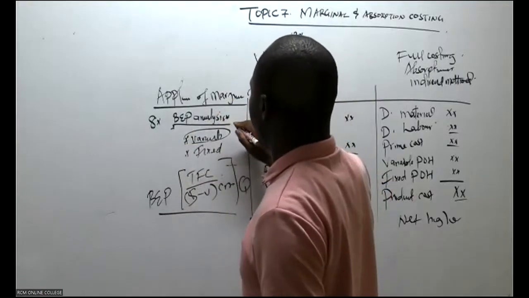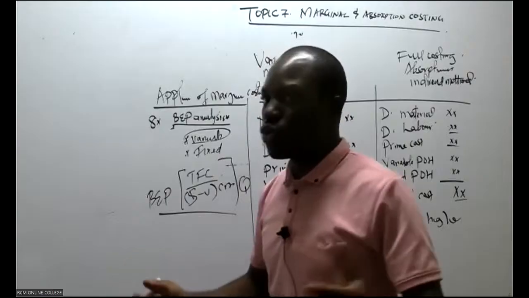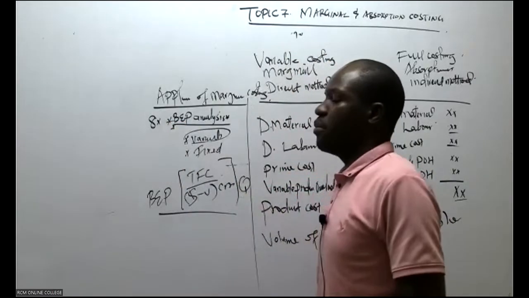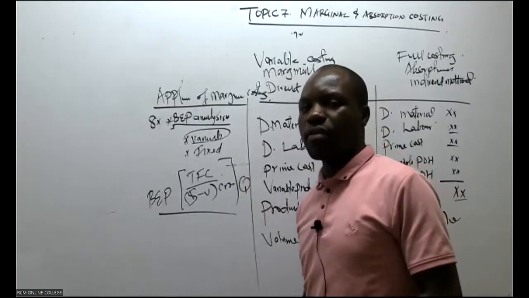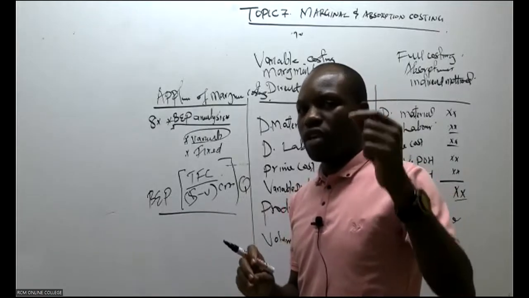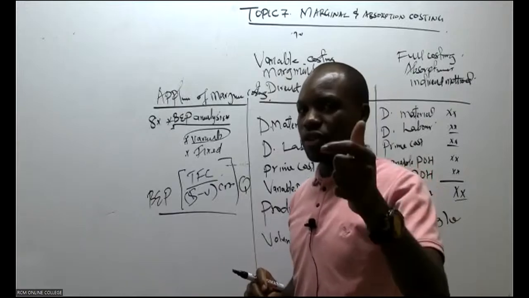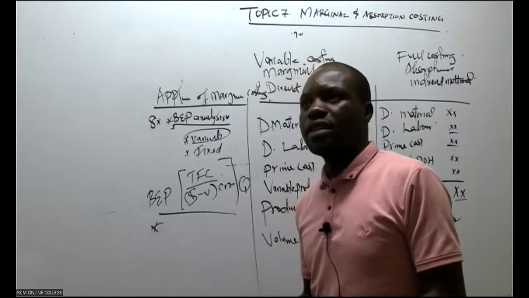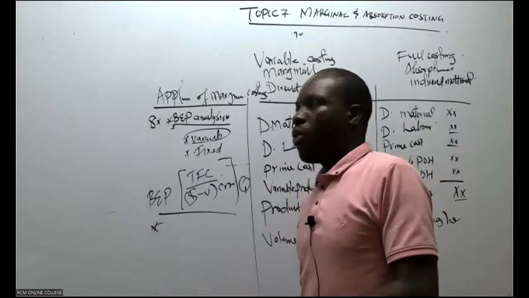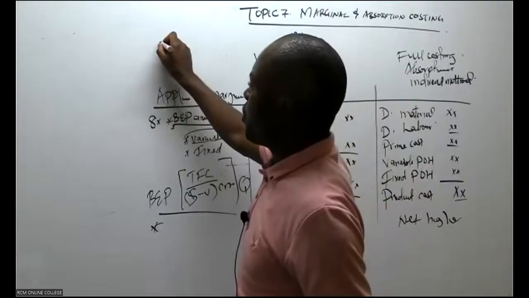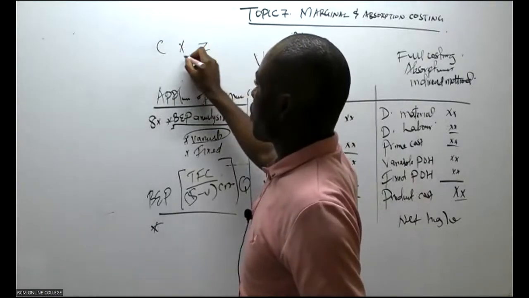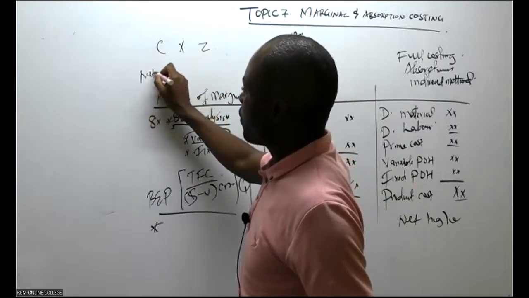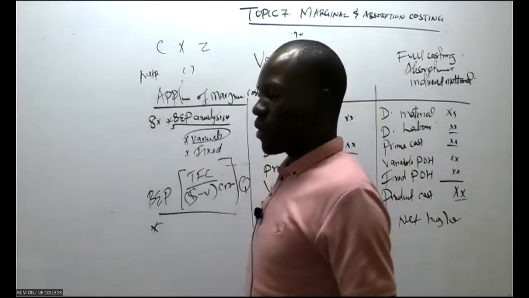So basically, if you are asked to give maybe 3 or 2 applications of marginal costing, number 1 is used in break-even point analysis to identify the break-even point at which the company will not be making losses or profits. Another application: the company is producing 3 products, C, X, Z. But out of these 3, if you look at the net profit, this one here is negative.